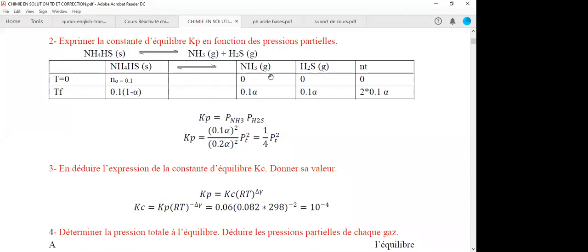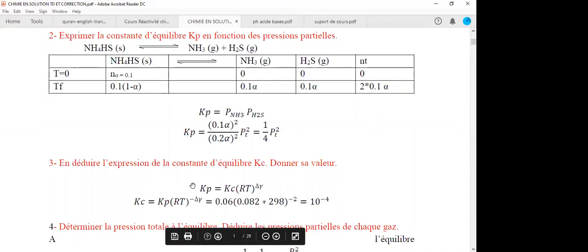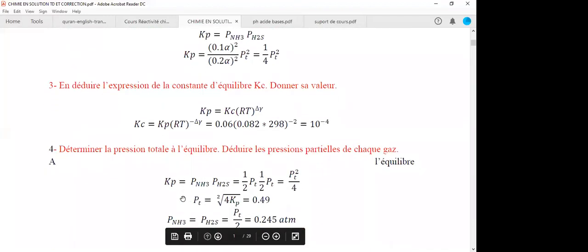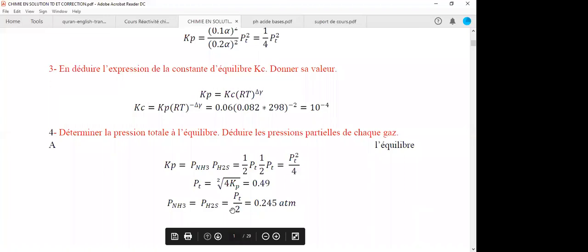So this is the same as 1 over 2 times total pressure, that's what we have, total pressure over 2. So 0.49 divided by 2, you have 0.245 atmosphere. So this is the pressure of this, and it is the pressure of this.